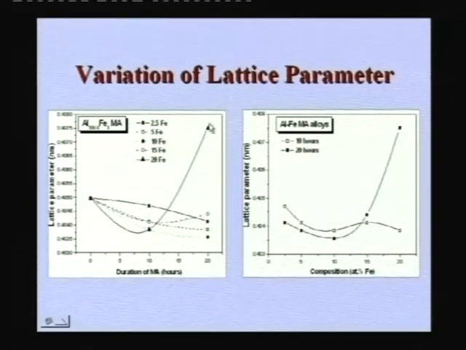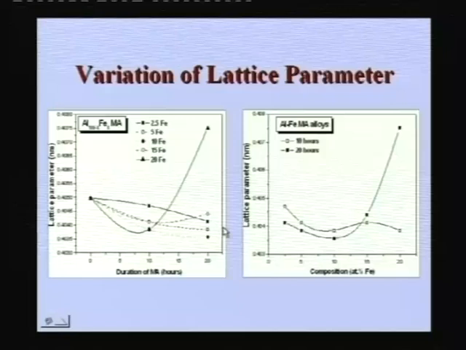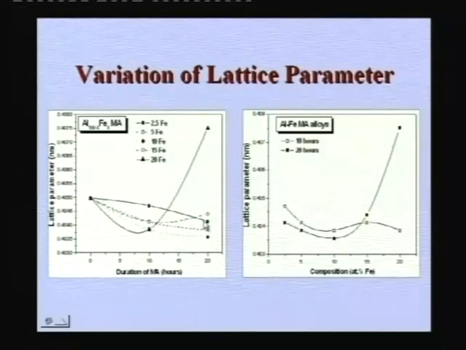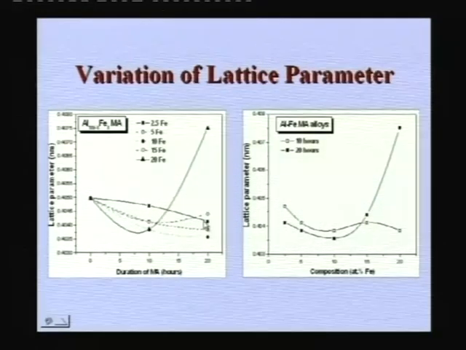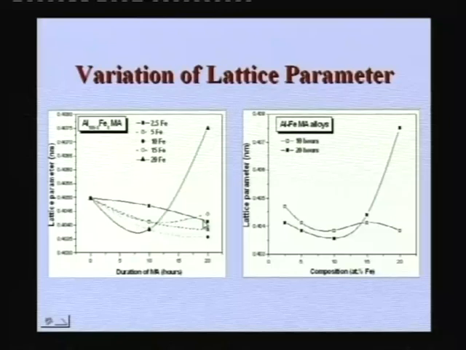That is basically because of the formation of Al5Fe2, whereas in all other cases where you have a solid solution formation, there is a continuous decrease in the lattice parameter of aluminum, because iron is slightly a smaller atom size when compared to aluminum. So when you put iron into aluminum, the lattice parameter decreases because the atomic size decreases.